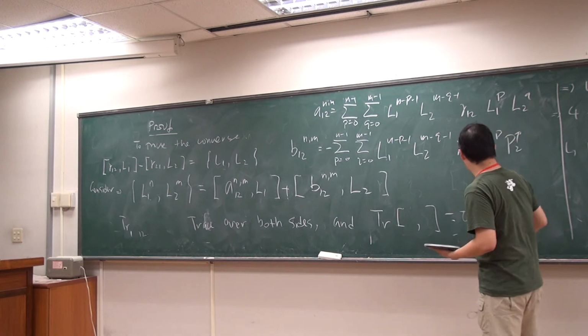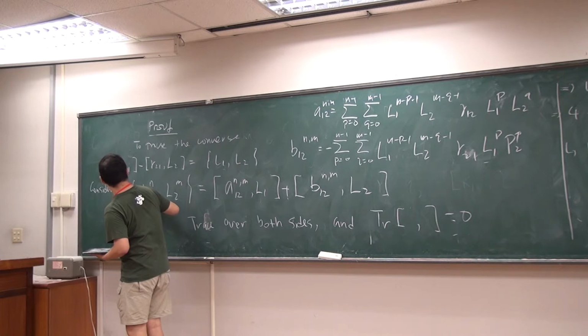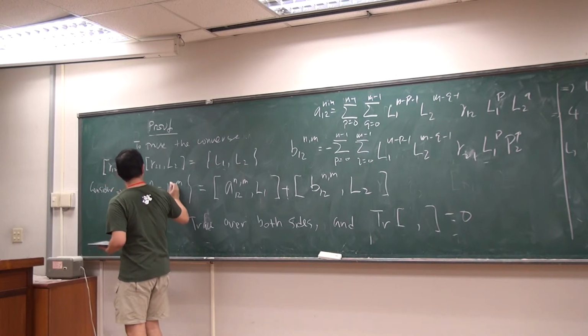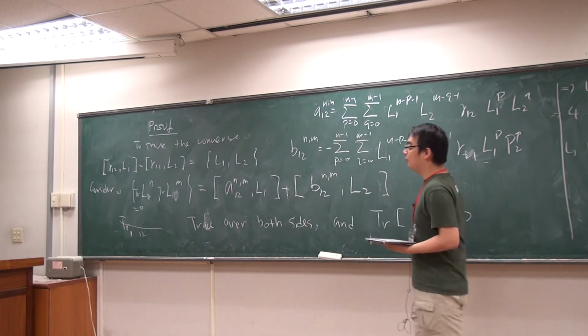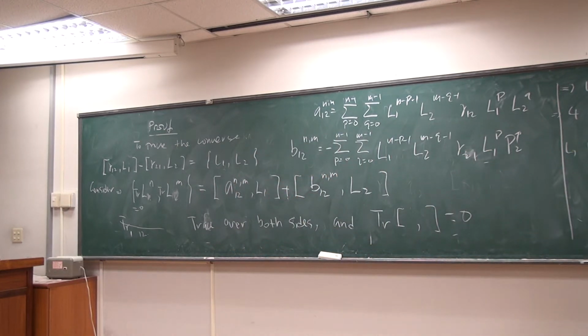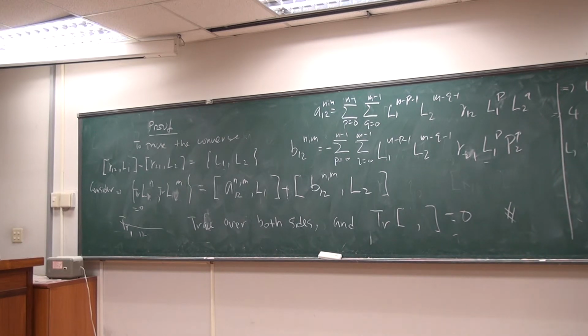So if you trace this, that will give you 0. Done. So those charges are basically commuting.